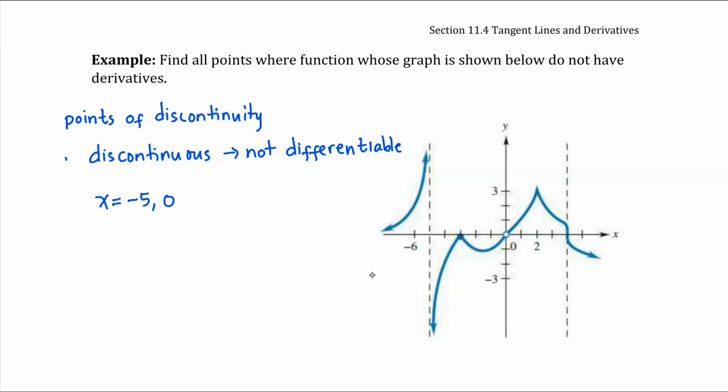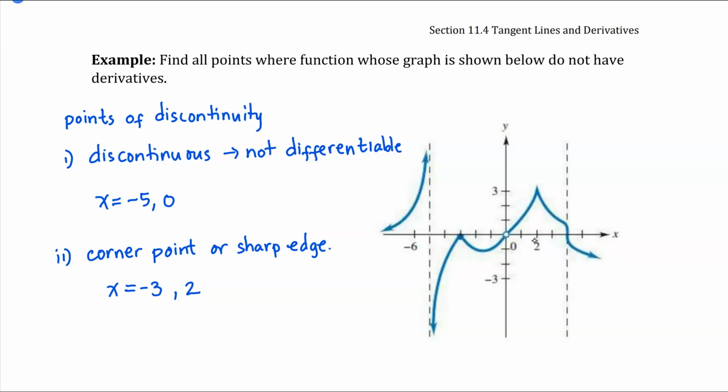Next, we look at the points where there is a corner point or a sharp edge. The x values where we have a sharp edge are x equals -3, and also this point here, which is x equals 2.